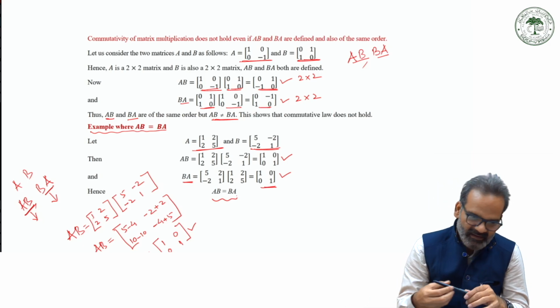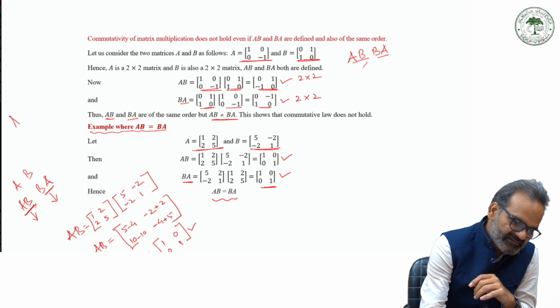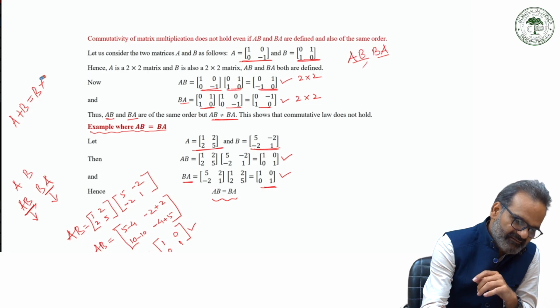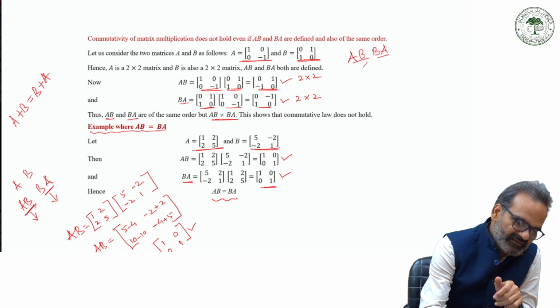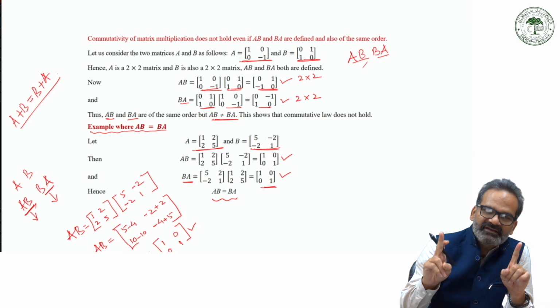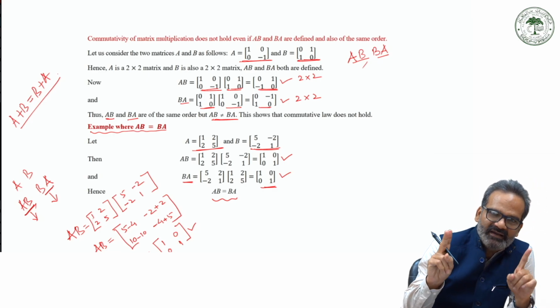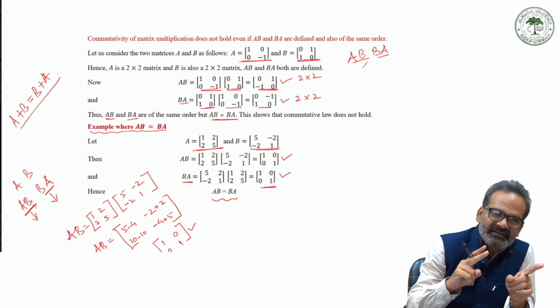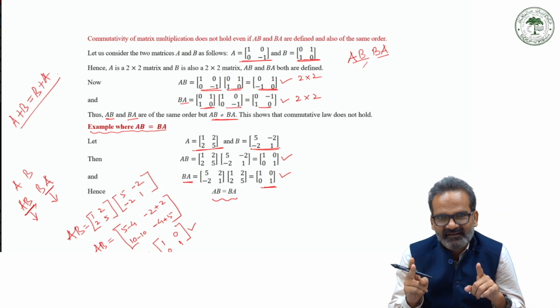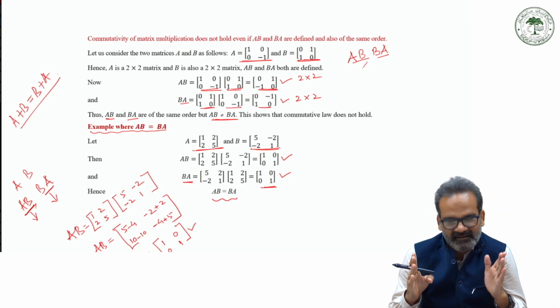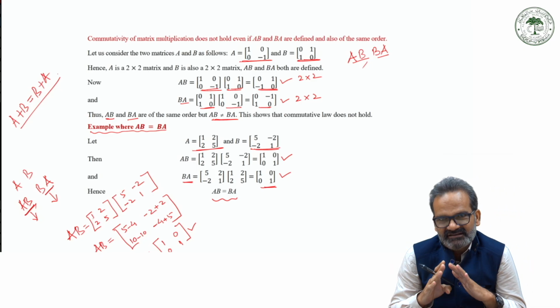It means if you take two matrices, then A plus B equals B plus A always. You cannot give even a single example of two matrices in which A plus B is not equal to B plus A. That is why we say that matrix addition is commutative.